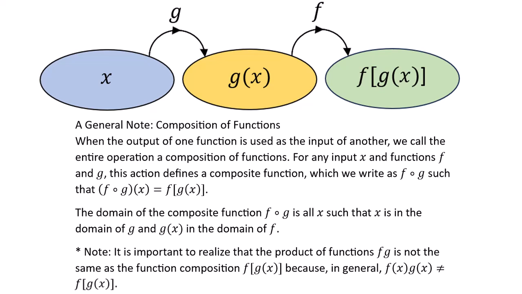The domain of the composite function f composed of g is all x such that x is in the domain of g and g of x is in the domain of f. Note, it's important to realize that the product of functions f times g is not the same as the function composition f of g of x, because, in general, f of x times g of x will not be equal to f of g of x.